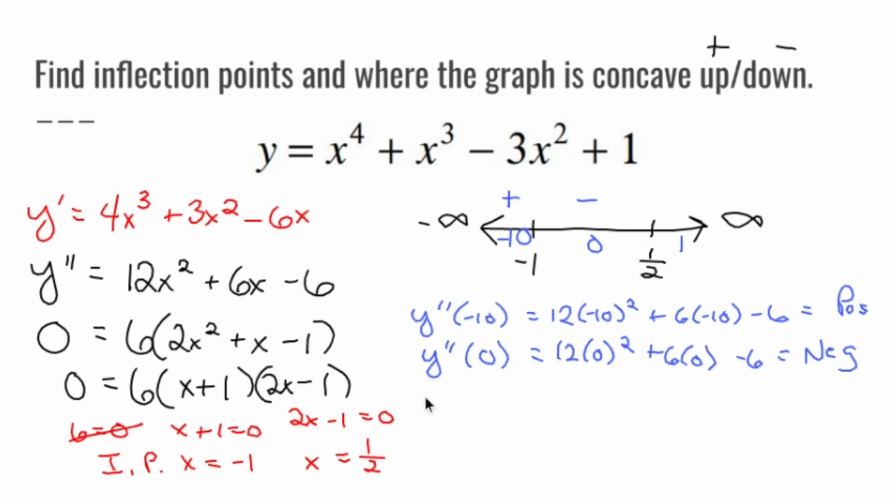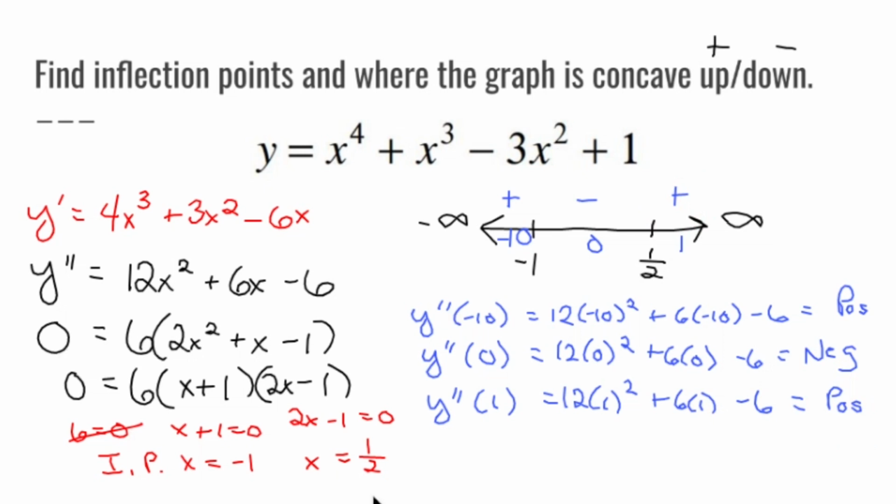And let's see what happens when we plug 1 into our second derivative. 12 times 1 squared plus 6 times 1 minus 6. 1 squared is 1, 12 times it is 12. 12 plus 6 minus 6 is still 12. Positive.